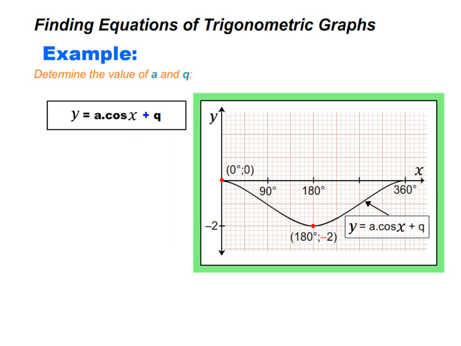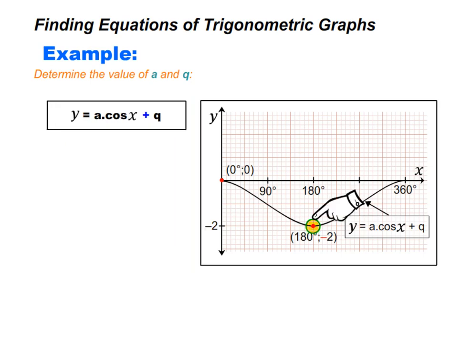Look at the graph again. Look at this other point, which is 180 degrees and minus 2. This 180 degrees is our x-coordinate, and this minus 2 is our y-coordinate.